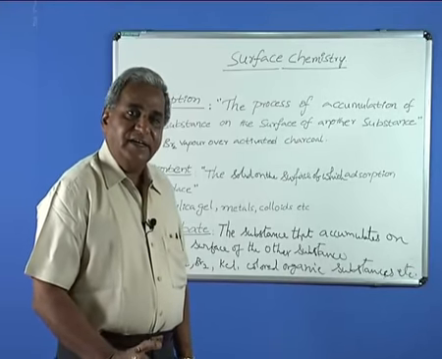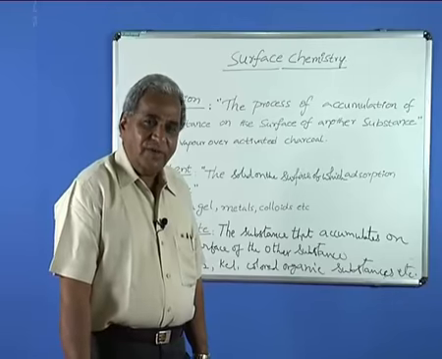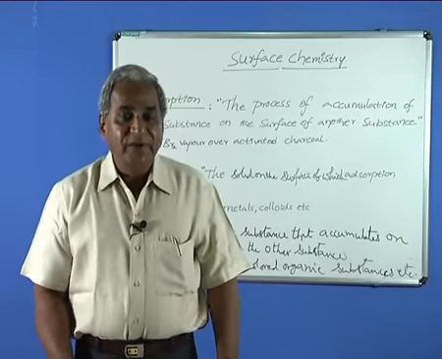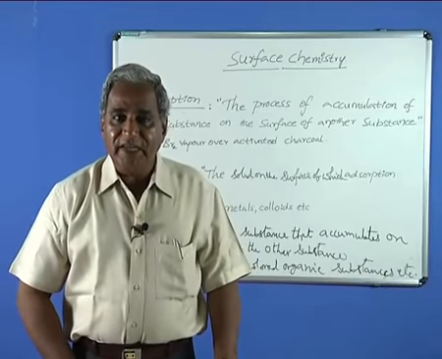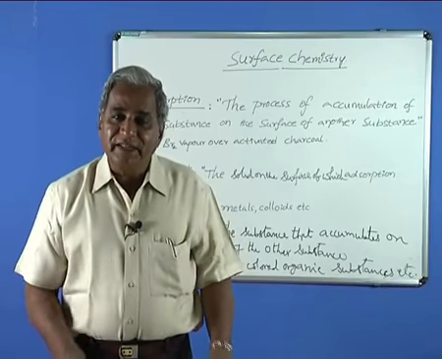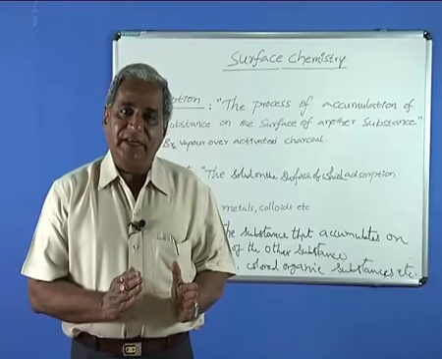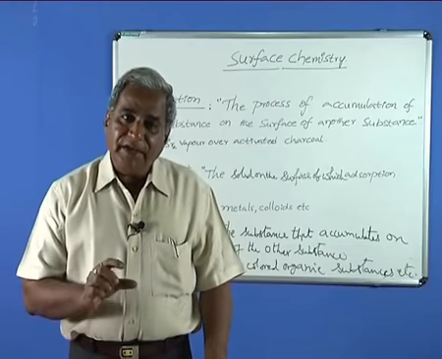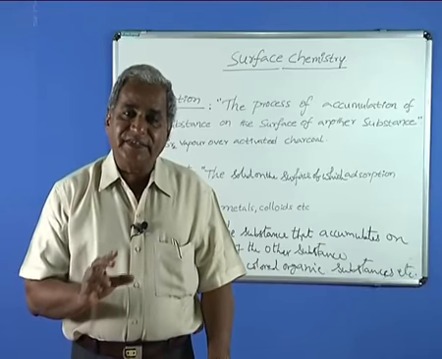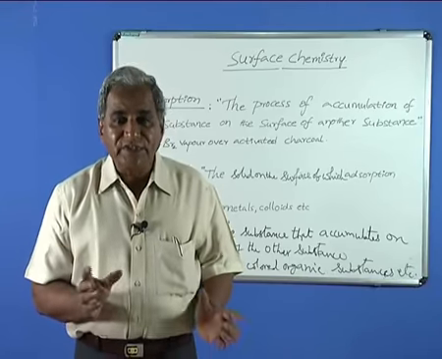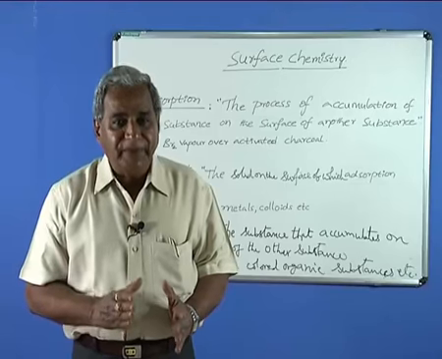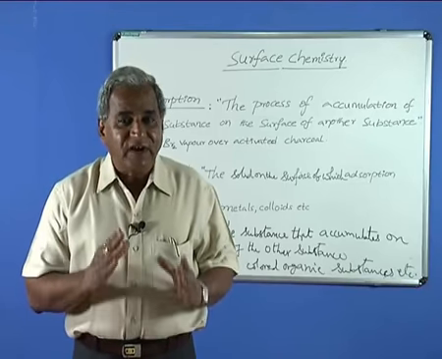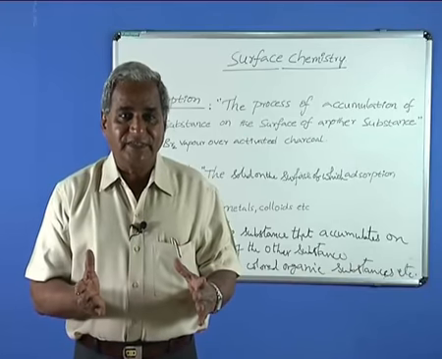The other, chemical adsorption. What are these? Physical adsorption means the forces of attraction between the adsorbate particles and the particles of the adsorbent at the surface are only van der Waals forces, otherwise called physical forces.